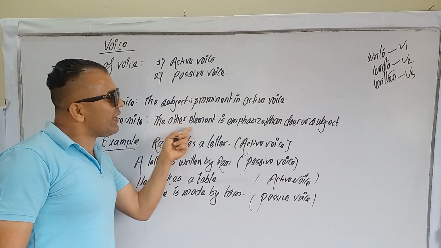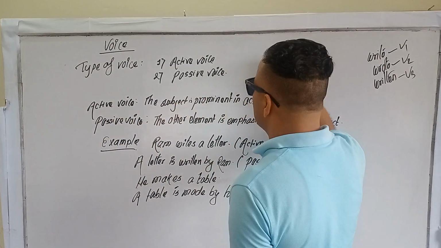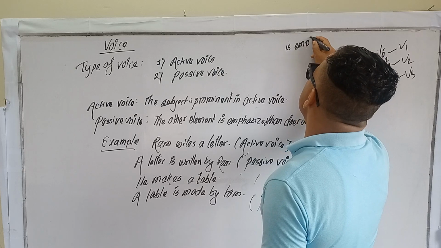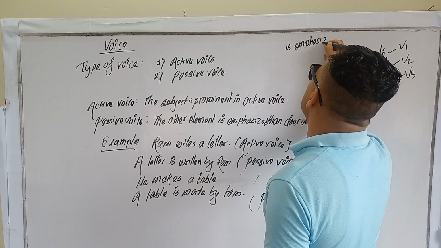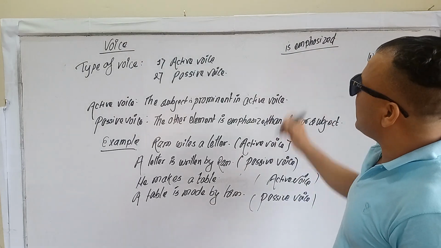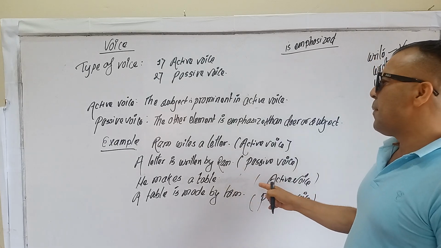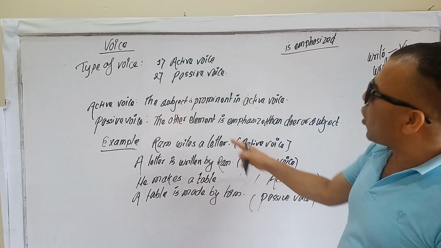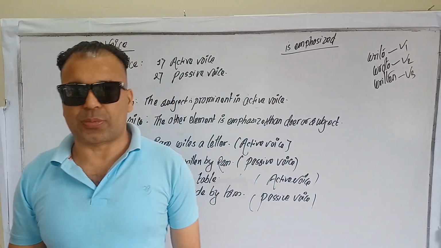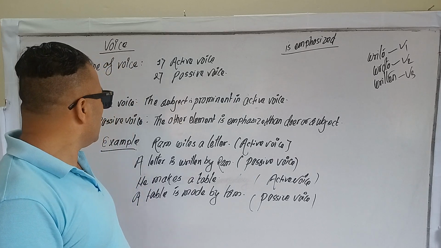The passive also uses is plus emphasized element. Understand? When the other element is emphasized, we have to use passive voice. So the other element is more important than the doer or subject.